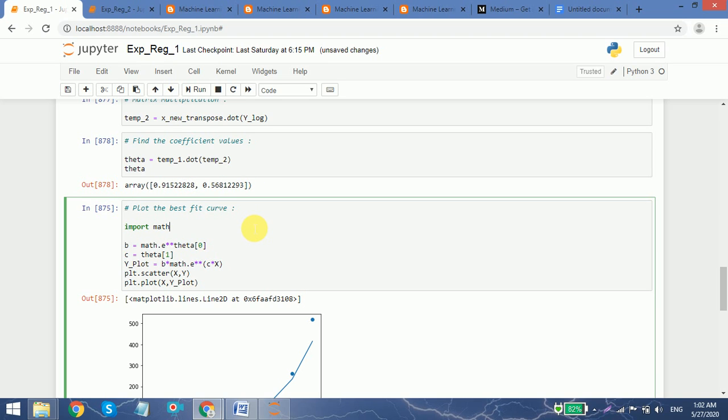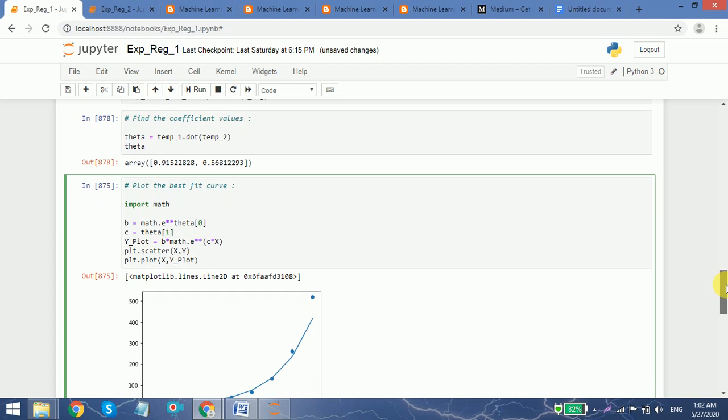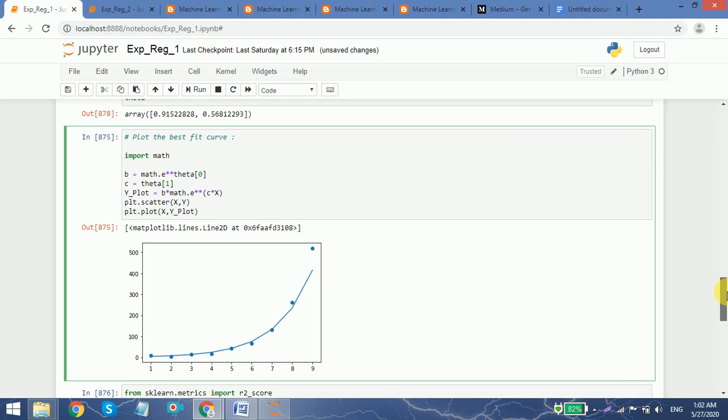Now we need to plot a curve from our data. For that we are going to import the math module because we need the value of e here, or you can just type the value of e, 2.71, something like 2.7178, but I'm going to use the precise value.